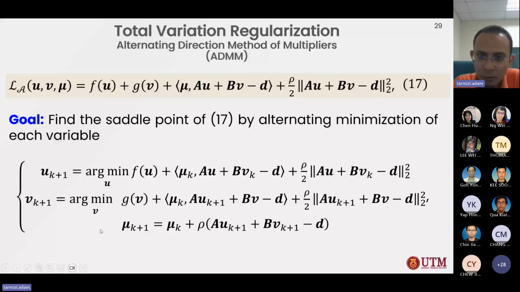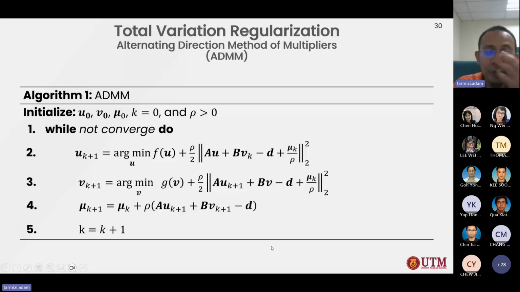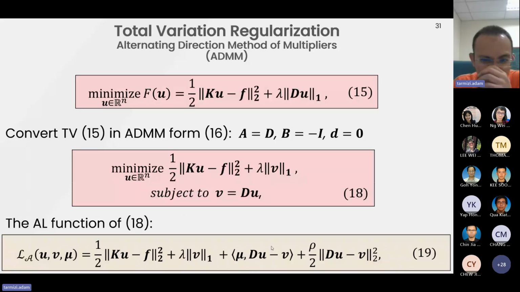This is the general form of ADMM for that type of problem. Now we will see how to apply ADMM to total variation restoration. This is the TV problem. If you do the substitutions, A equals D and so on, you will get that it is in this form.